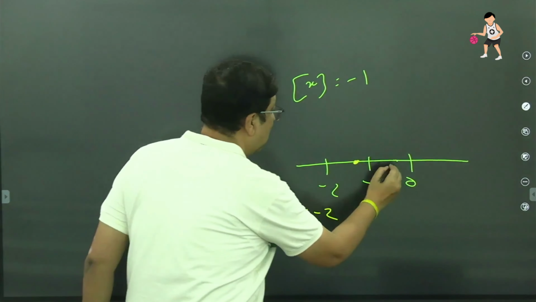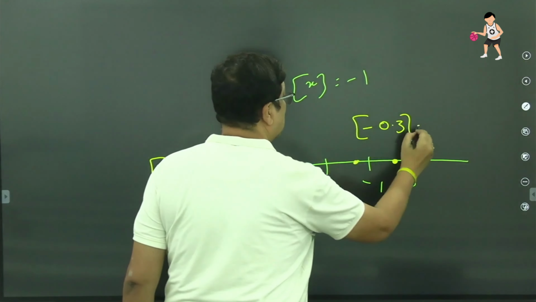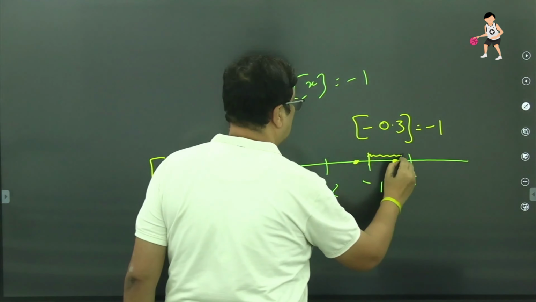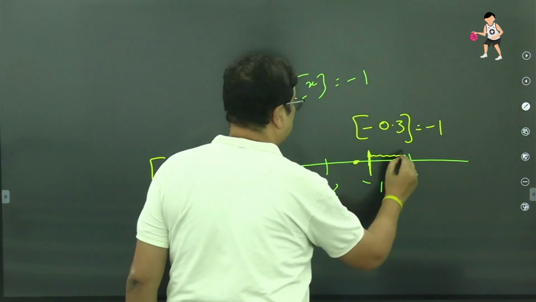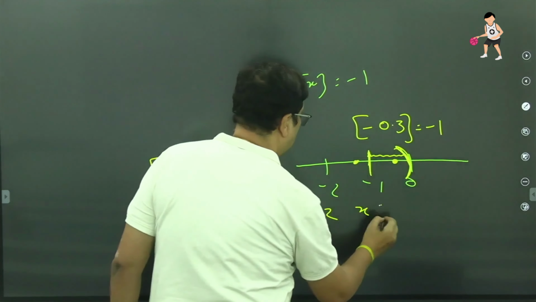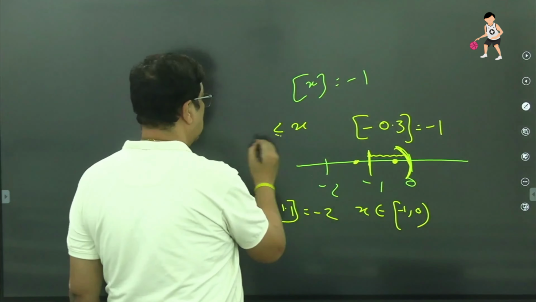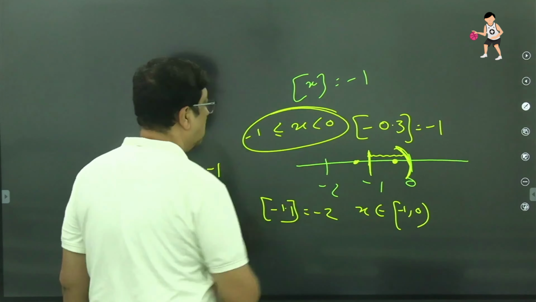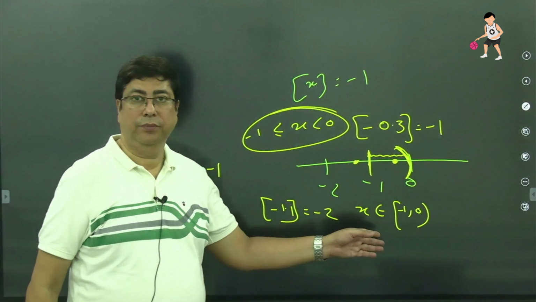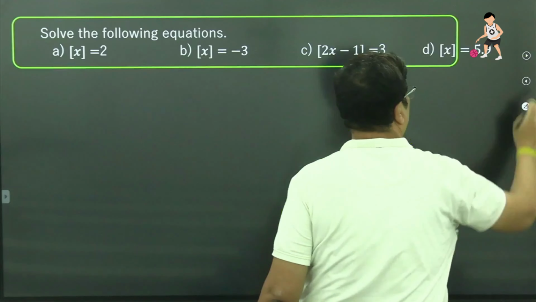Let's take any point here, minus 0.3, yes, it is coming minus 1. So x belongs to this region, before 0. So x belongs to minus 1 to 0. It means the notation is minus 1 to 0. So this is the thing. You can write it this way as well as that way, right? So let's solve some sums.